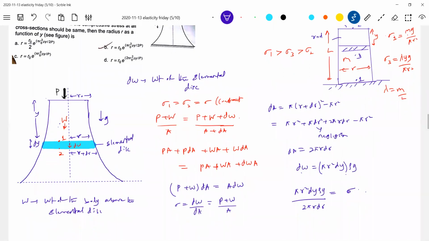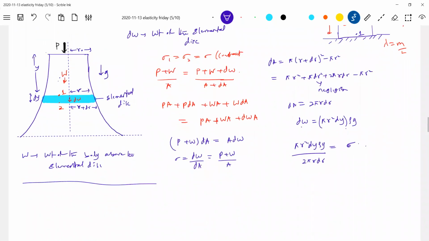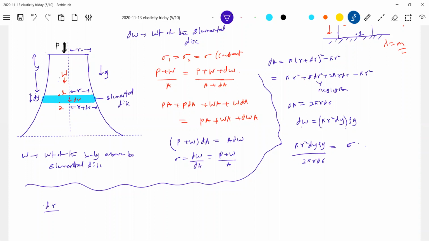Now it's only solving everything we have. Okay, all of you see this, I'll get into the mathematical part. What all can we cancel? Pi r we can cancel, so we'll be left with dr by r. This will be dr by 2 dr by r equals rho g by sigma dy.